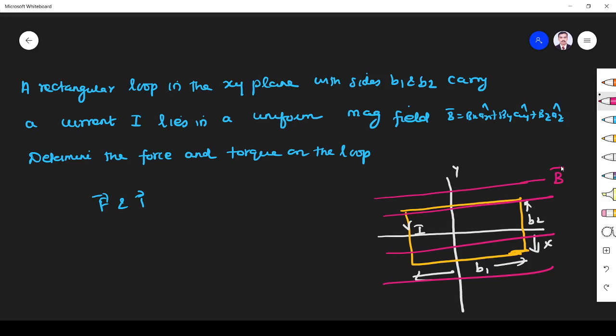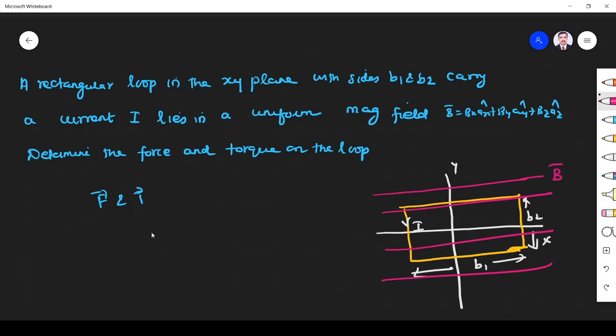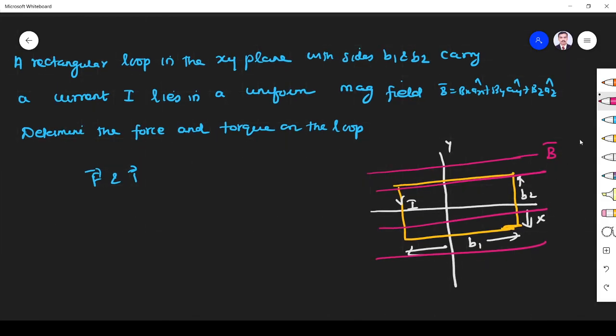Now we have to find the force. Let us assume the loop is ABCD. Instead of finding the total force directly, I find the force on conductors AB, BC, CD and DA and add the individual forces.